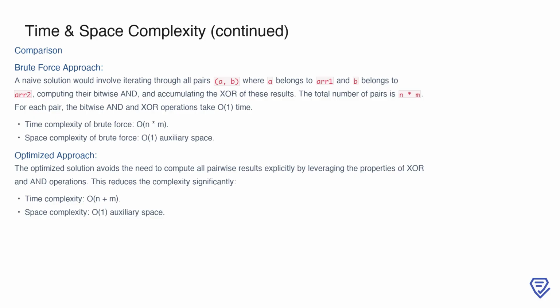However, it only requires O(1) auxiliary space. In contrast, the optimized approach eliminates the need to compute all pairwise results explicitly by leveraging the mathematical properties of XOR and AND operations. This reduces the time complexity to O(n plus m), while maintaining an auxiliary space complexity of O(1).